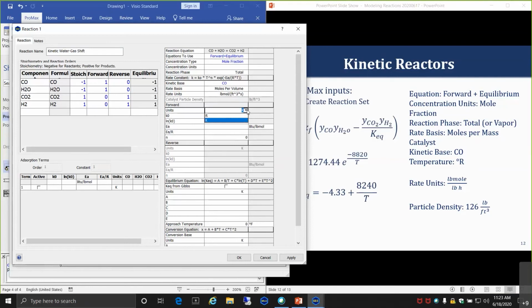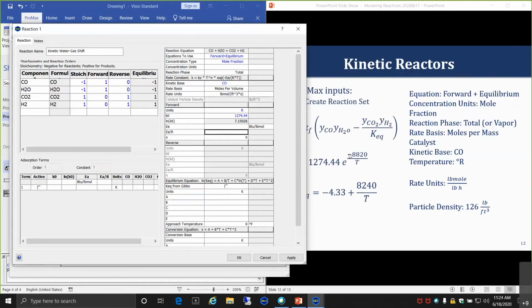Our temperature is in Rankine. K naught is 1274.44. So you can put it in as the actual value or as the logarithm of that value. You can put in the EA or the EA over R. In R terms, the EA over R is negative 8820 over T. And so the 8820 is the EA.